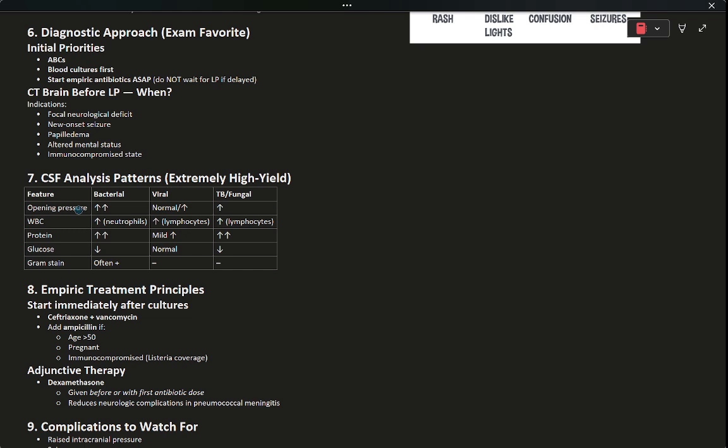If the opening pressure is significantly elevated, then the etiology of the meningitis is most likely bacterial. If the opening pressure is normal or slightly elevated, then it's probably due to a viral infection. And if the opening pressure is elevated, but not to a significant degree, then the etiology is probably tuberculosis or fungal.